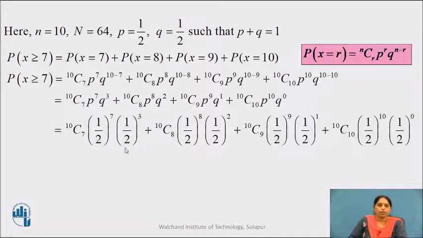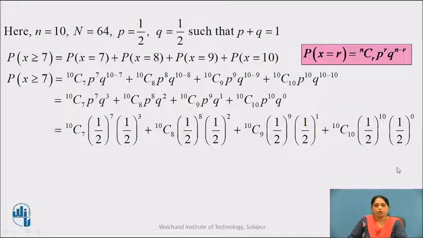Substituting the values of p and q, we can rewrite it as 10C7 (1 by 2) raised to 7 into (1 by 2) raised to 3 plus 10C8 (1 by 2) raised to 8 (1 by 2) raised to 2 plus 10C9 (1 by 2) raised to 9 into (1 by 2) raised to 1 plus 10C10 (1 by 2) raised to 10 into (1 by 2) raised to 0.